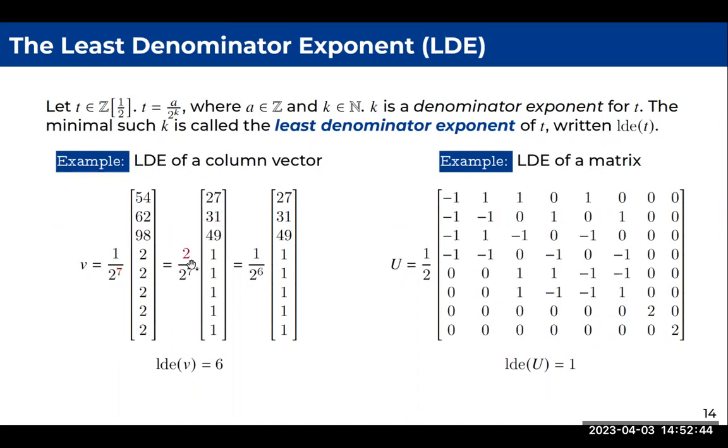Now, if you factor out 2, you can reduce it from both the numerator and denominator, and you'll get this. At this point, you're no longer able to factor out 2 from the components of this vector, so you'll have the least denominator exponent for this vector. This is almost like saying this is the simplest form that we can reduce our vector to. In our circuit synthesis, we're going to use this notion to gauge how far we are from the basis vector. Now, this notion can also work with a matrix, analogously.